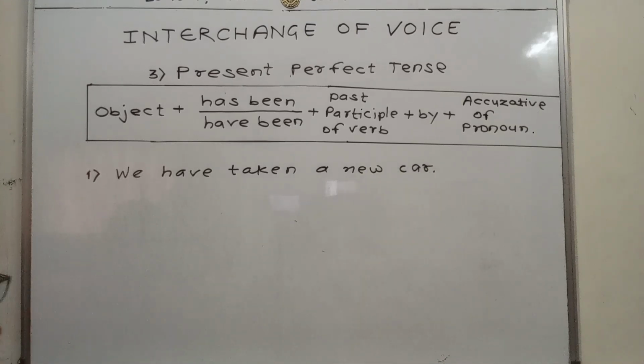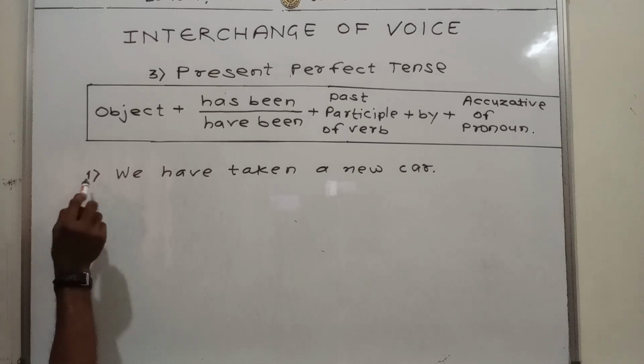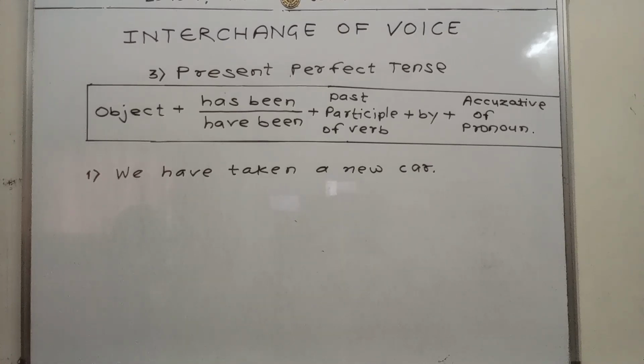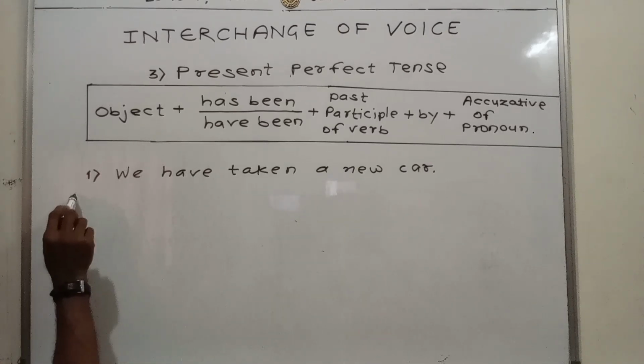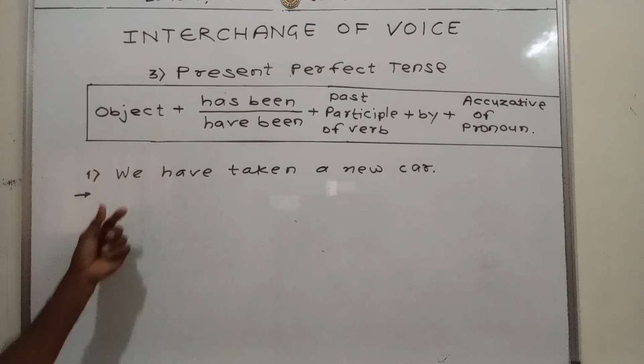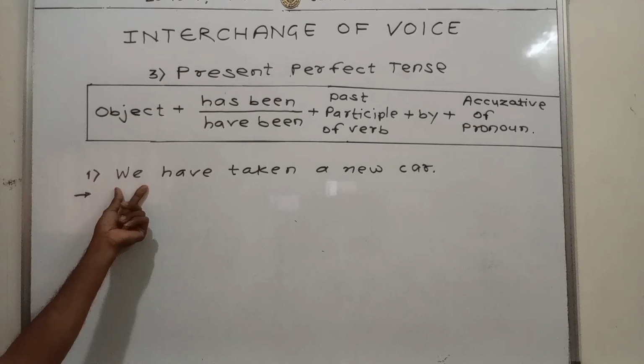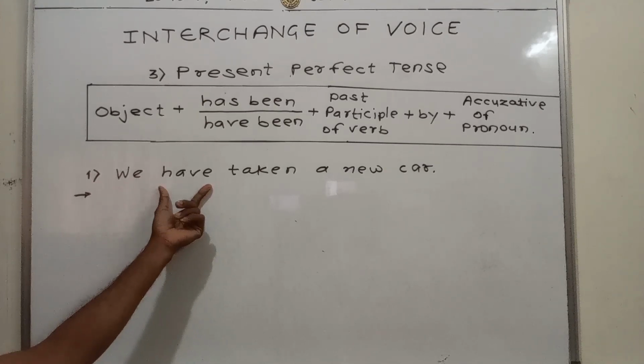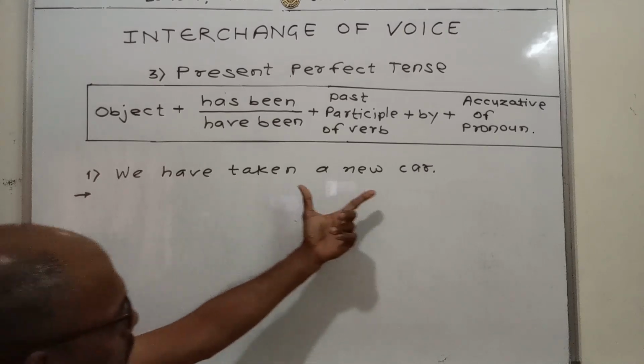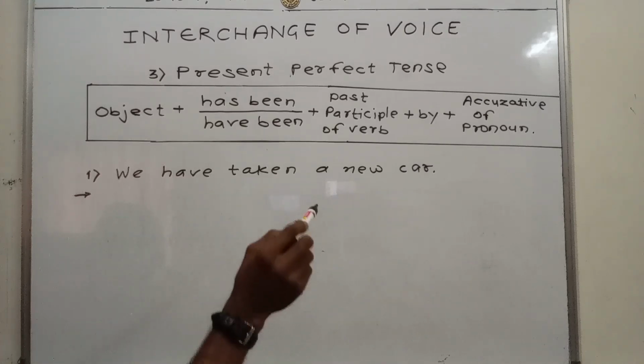Here plural, so have, we have taken a new car. This is active voice. Then its passive voice here. We, subject, have auxiliary verb, taken main verb, and a new car is our object.